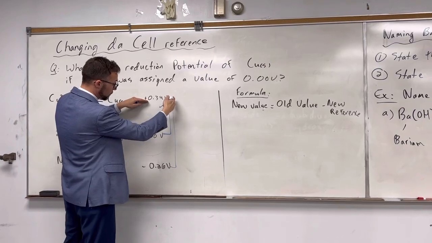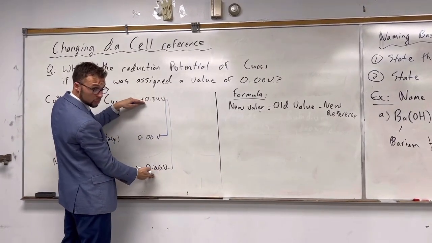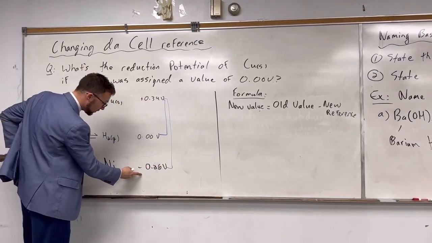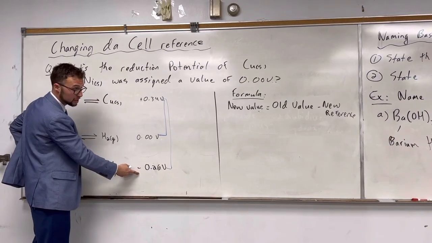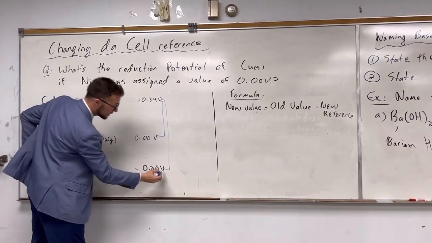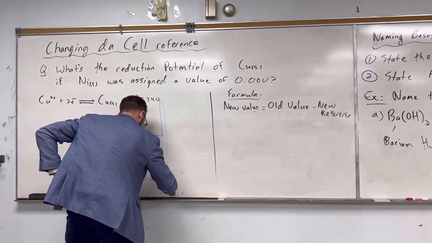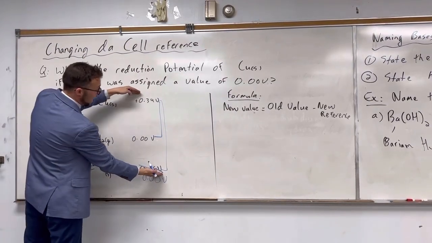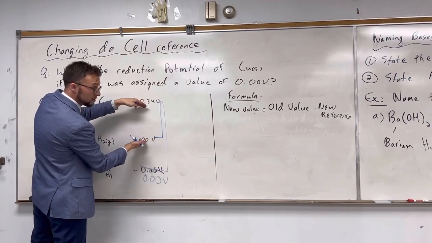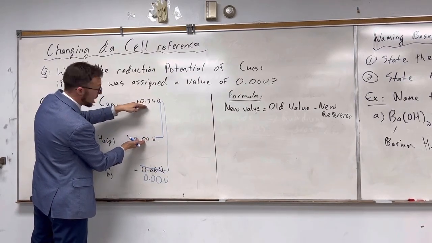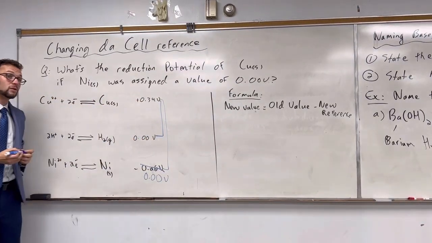Now, if nickel becomes the reference, and it originally has a value of negative 0.26 volts, and I assign that 0, well, that is a lot bigger than that. And so the voltage of copper is going to increase.